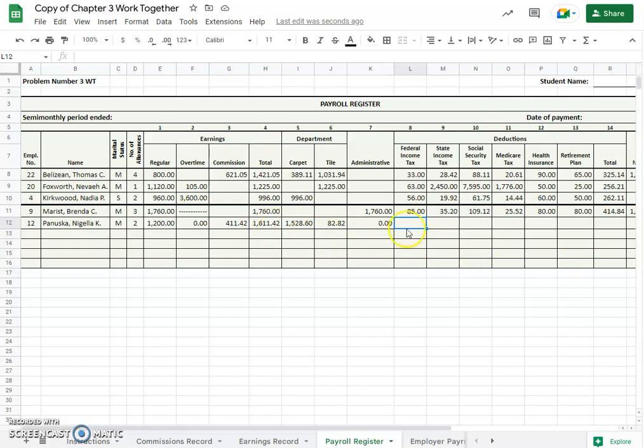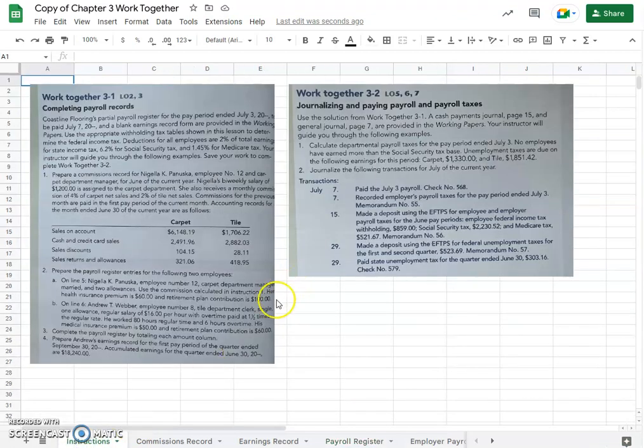So she has $88 according to that schedule. So what else did it tell us? In the problem, state income tax, I believe there was a rate.